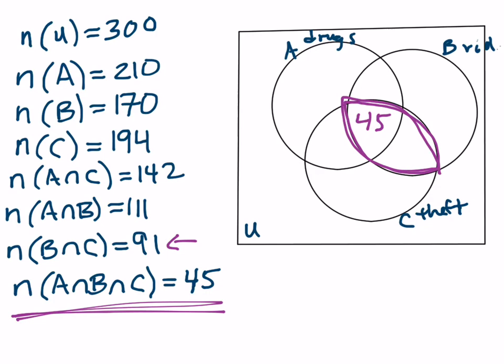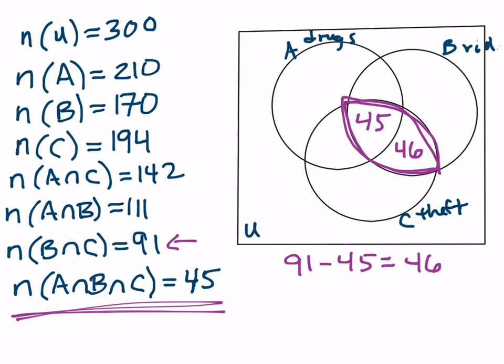We're told that the cardinality of that region is 91. We've already accounted for 45 people who also committed drug-related offenses. So if we subtract 45 from 91, that tells you there are 46 people left who committed only domestic violence and theft crimes.